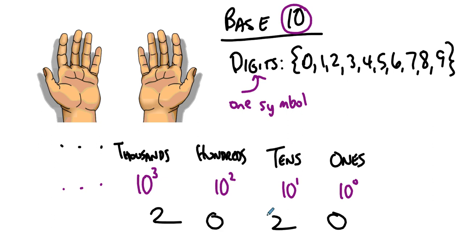This is the basic idea behind bases and how they work. There are digits. The place values are powers of the base, and each digit in a number represents one of those place values. But what if we didn't have 10 fingers?